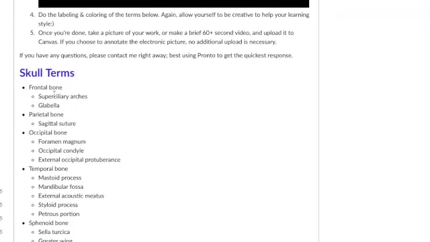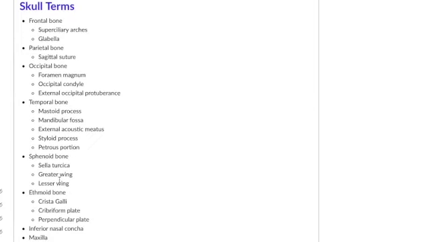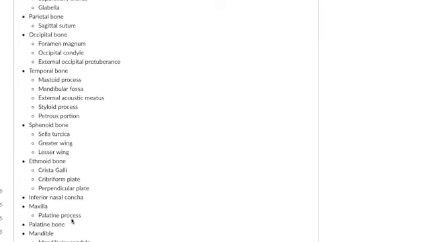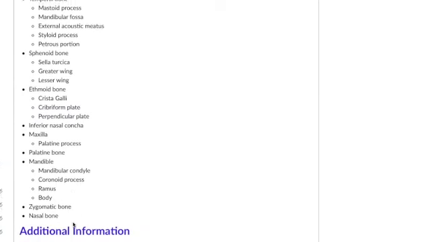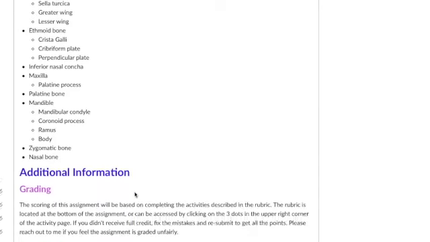Then we have these terms, and these are the terms that I want you to color and label on the sheet of paper, or annotate, or make flashcards and take a picture and upload that. Those are the terms that I want you to be familiar with, as the first tier. It is actually a lot of terms, but once you know these, you've got a pretty good reference list.